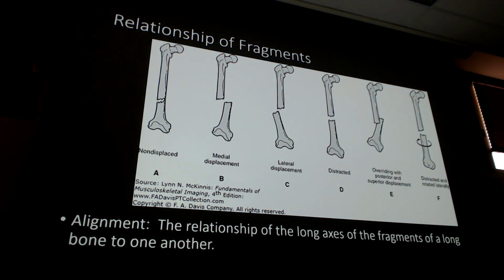Now here are some of the words that we're going to use. And now to answer your question as far as displacement goes, with comminuted fractures, if it's easy to explain and paint the picture, go ahead and use it.